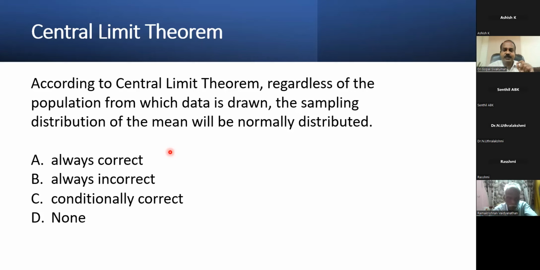If I am able to get my sample mean exactly equal to the population mean, and the sample standard deviation exactly equal to the population standard deviation, that means I have understood my population completely just with the help of 30 samples. Am I right? Because I want to understand the quality of my population. Quality of my population depends on its average and its standard deviation.